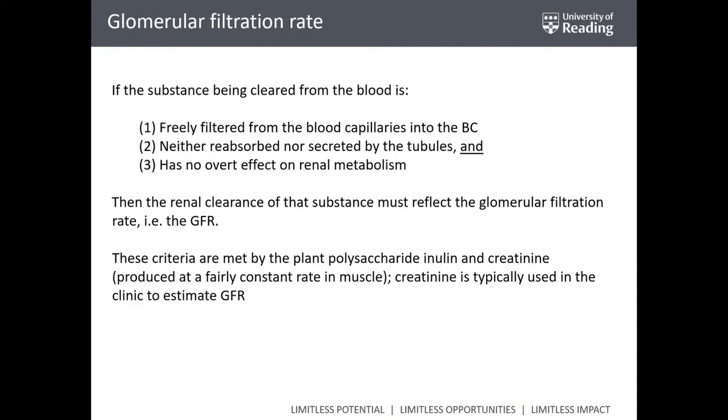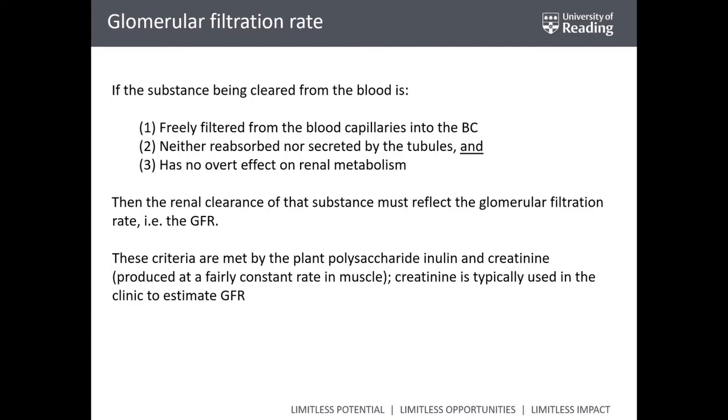Now, if a substance can freely go from the blood capillaries into the Bowman's capsule, and if it is neither reabsorbed nor secreted by the tubules, and it doesn't have an effect on the metabolism of the kidneys, then the renal clearance of that substance will reflect the glomerular filtration rate, okay?